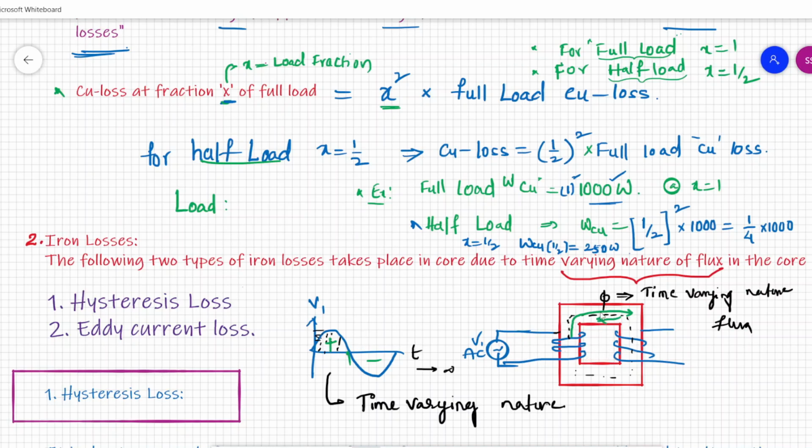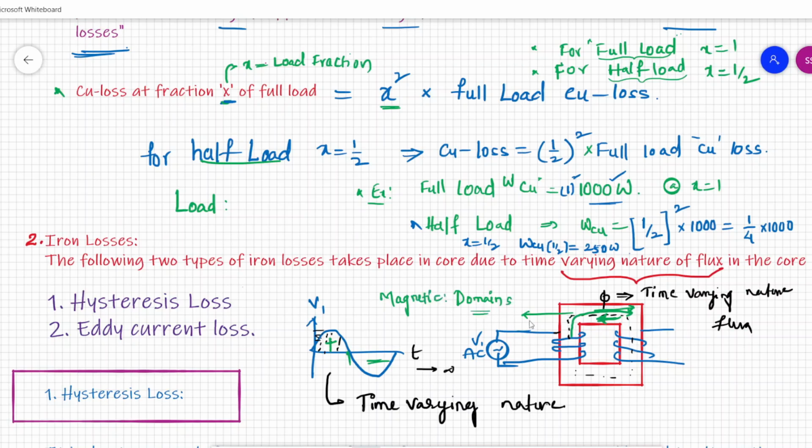So in the positive half cycle of current, the flux will flow in the forward direction. For the negative half cycle, it will try to flow in the reverse direction. For every half cycle, these are called domains here. In current, it was electrons moving forward and backward, but in magnetic material, they are called magnetic domains.